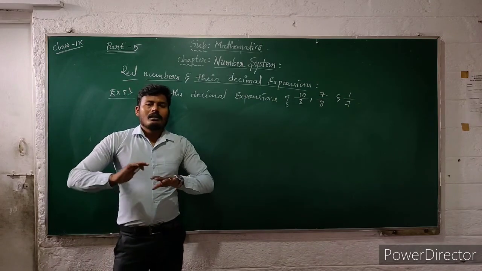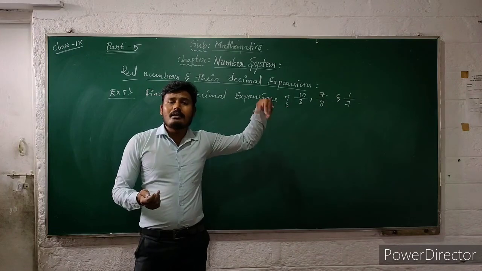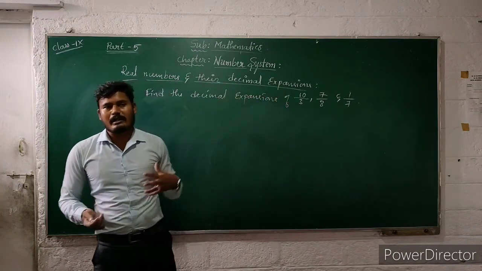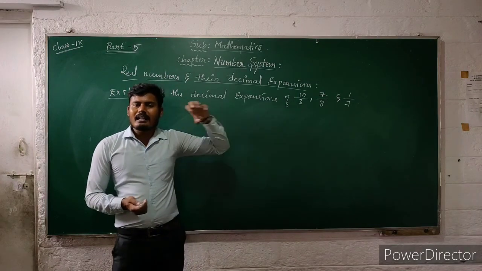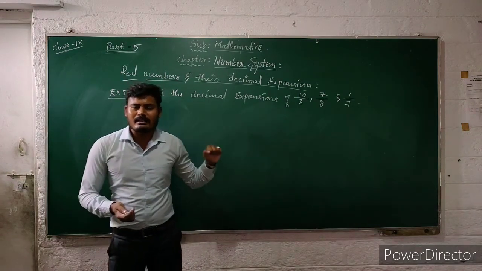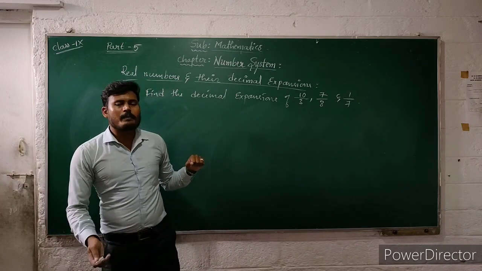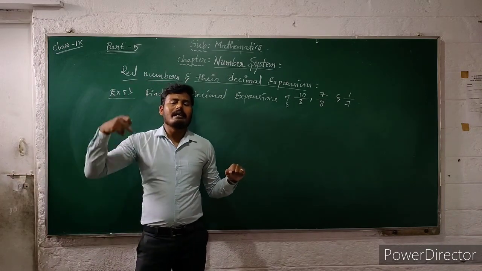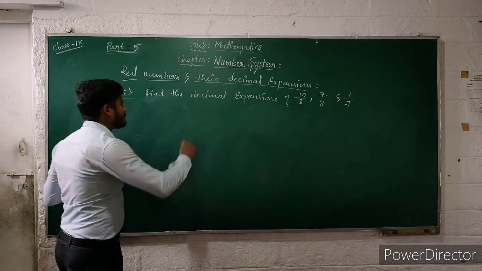There is nothing like terminating and repeating decimal expansion. Terminating means it ends at a certain stage. If the decimal expansion does not terminate, it is either repeating or non-repeating. That is discussed in later classes.